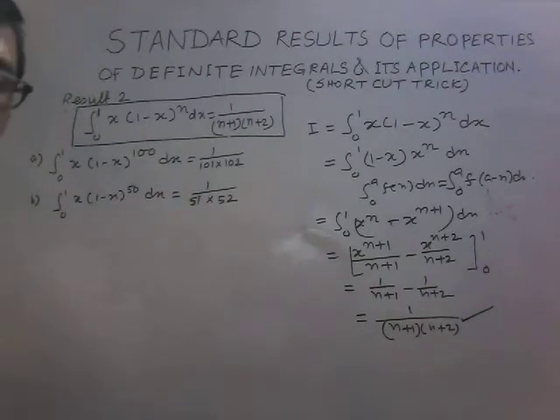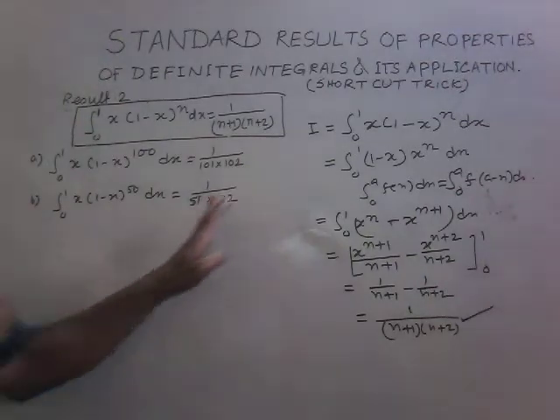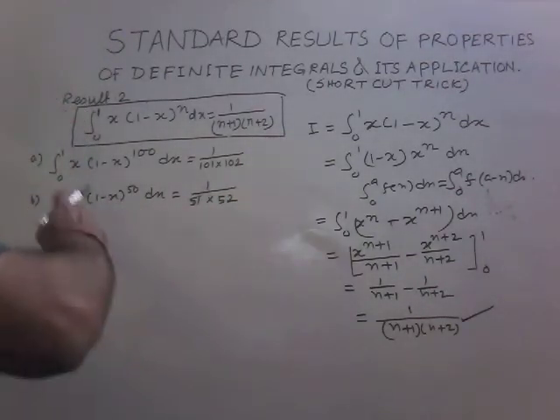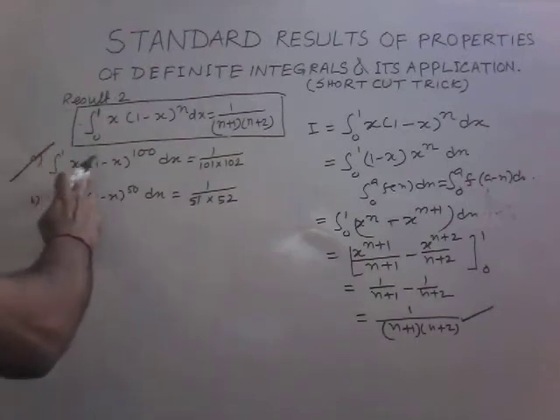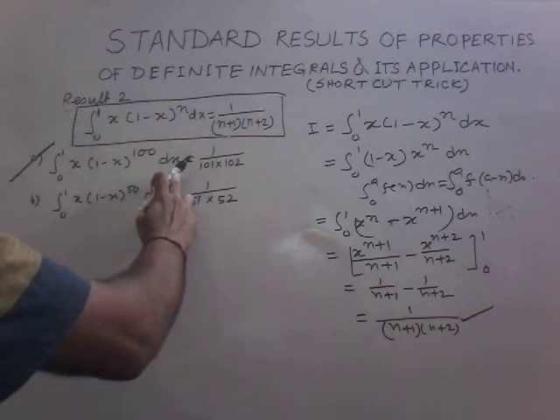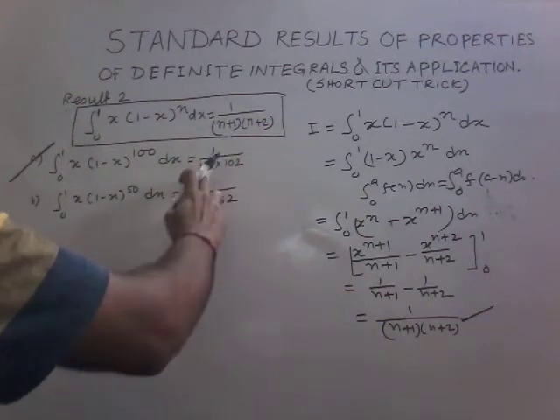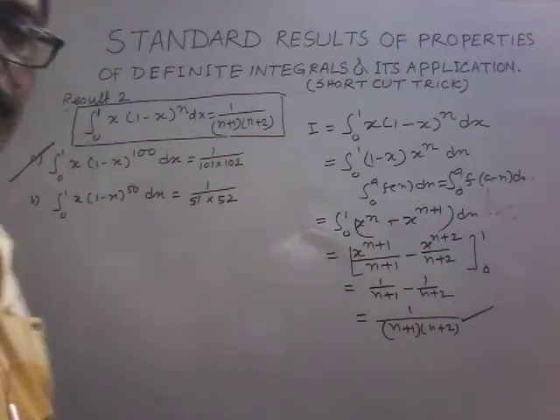Now look, application. A: 0 to 1 x into 1 minus x whole to the power 100 dx. So 1 by 101 into 102.